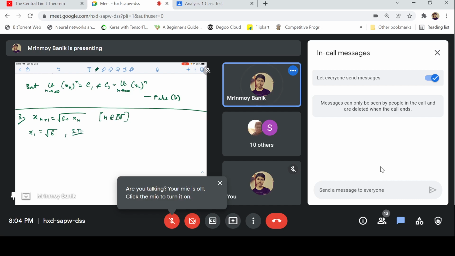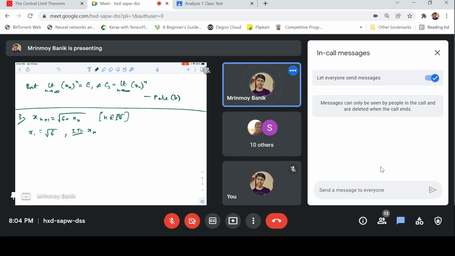So x_n converges. Is the limit 3? Yeah, the limit will be the least upper bound, or supremum. Yeah, it's 3. So how is it 3?